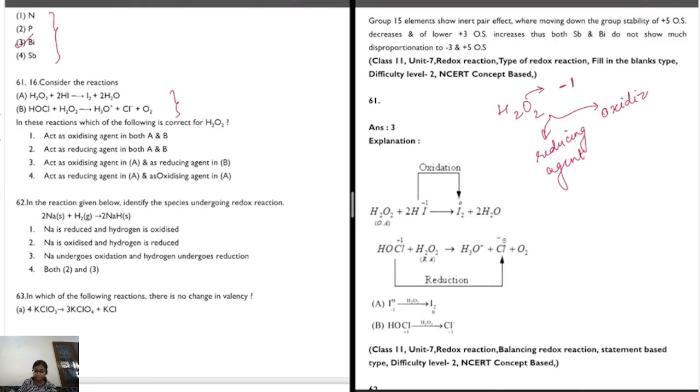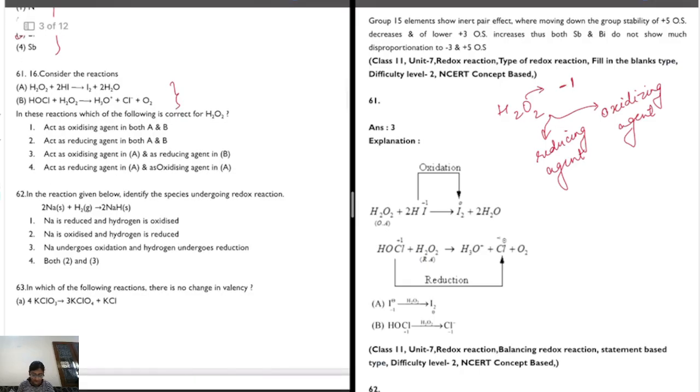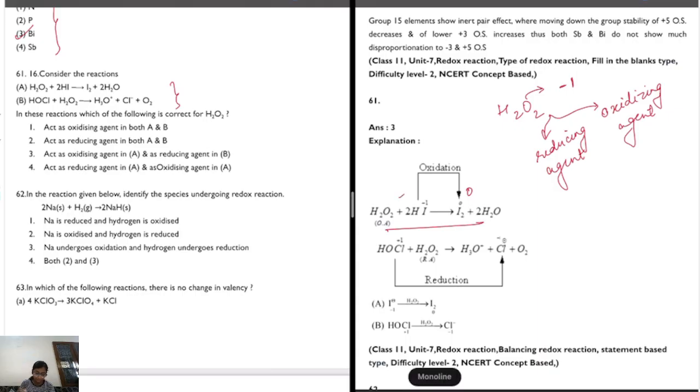All right. Now let's see. In H2O2 and HI, this is the reaction given. Here oxidation is taking place because it is converting from -1 to 0.